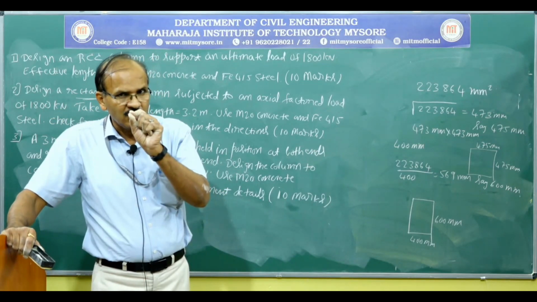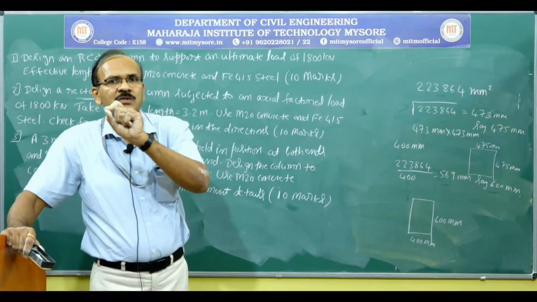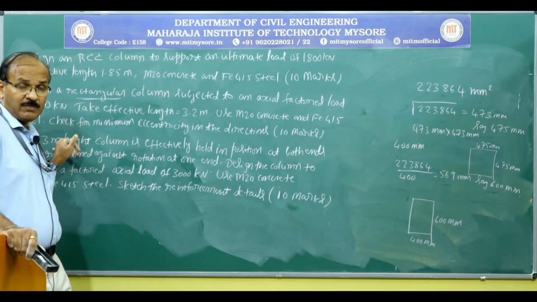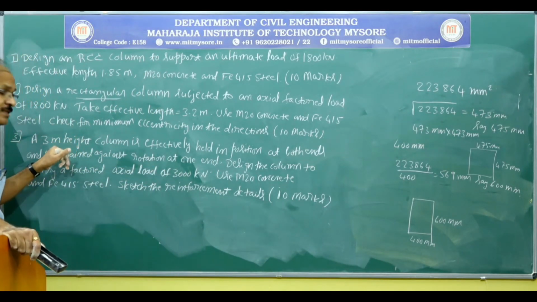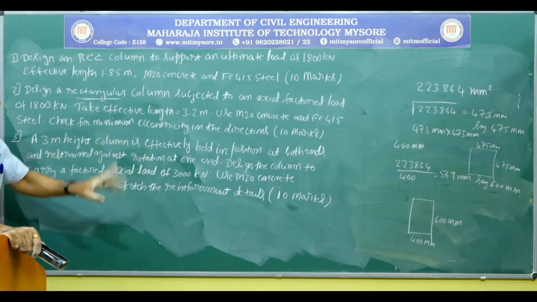Refer to that. So effective length will be equal to 0.80 times the unsupported length, which is equal to 3 meter in this problem. Is this clear to you? Okay, then go ahead and solve the problem.